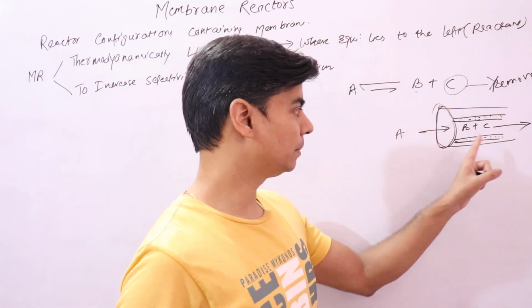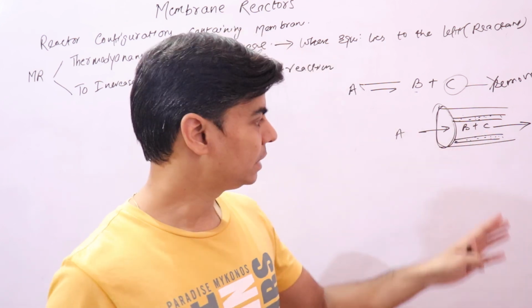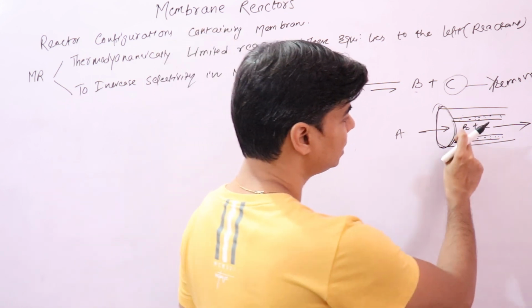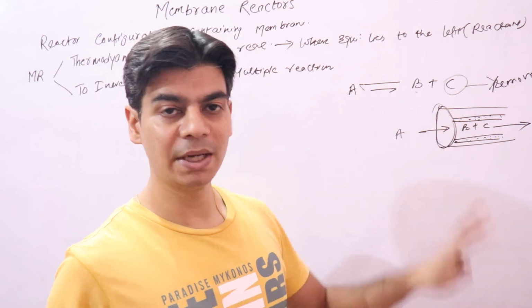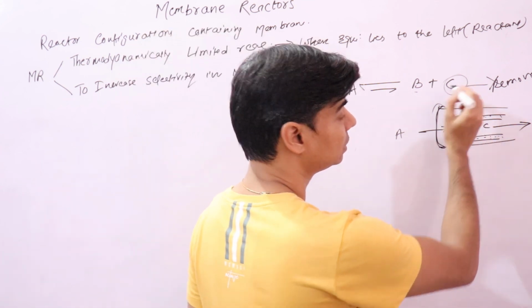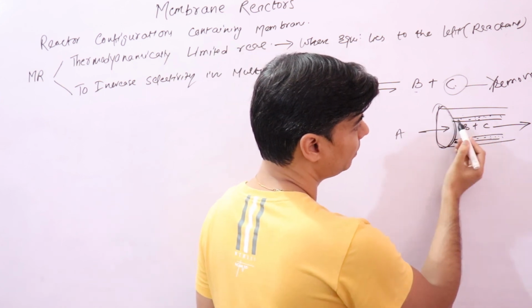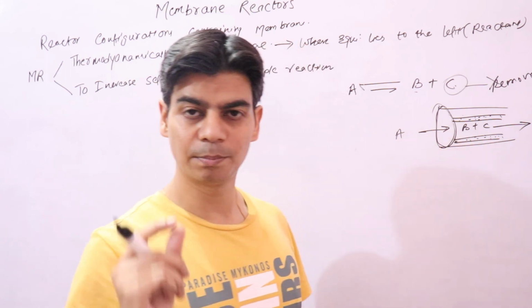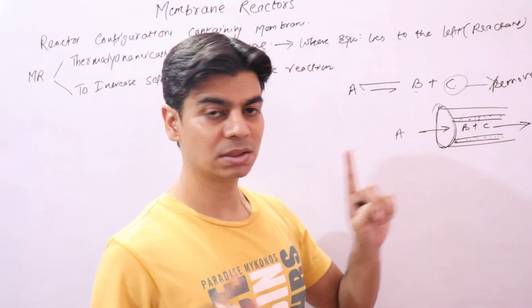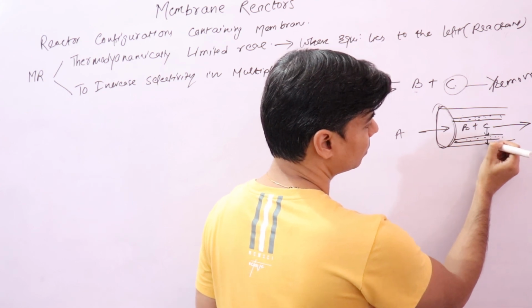Now suppose inside the reactor where products are getting formed, only B and C will react to give you back A, right. Now suppose you have a membrane inside and you want to remove the second product C. What you will do is put a membrane in this reactor. The pore size of this membrane is such that only C can pass through it, right.